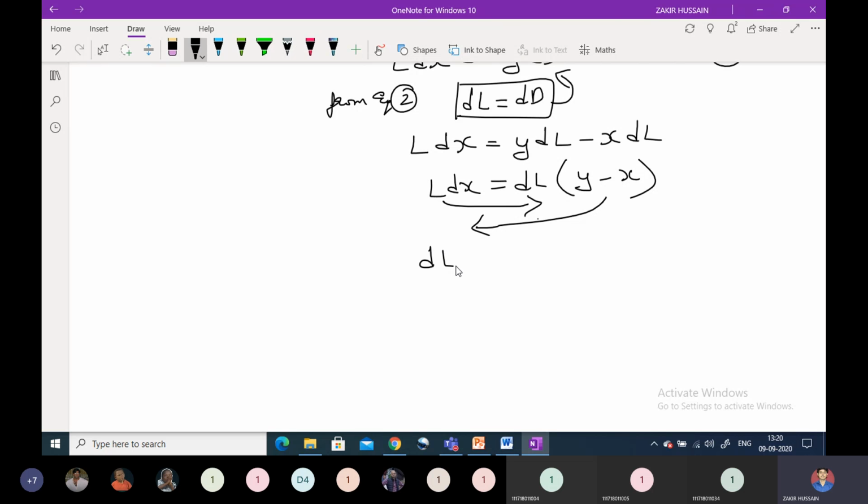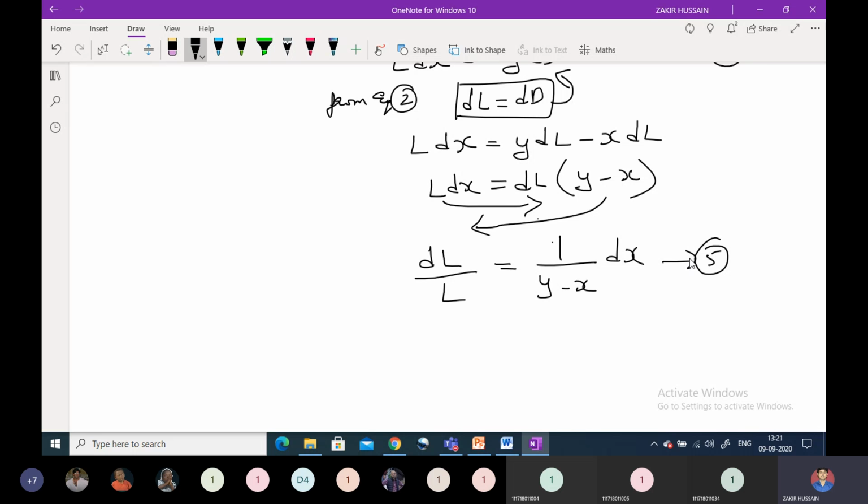So this will be dL by L is equal to 1 by y minus x into dx. Now this is equation 5.